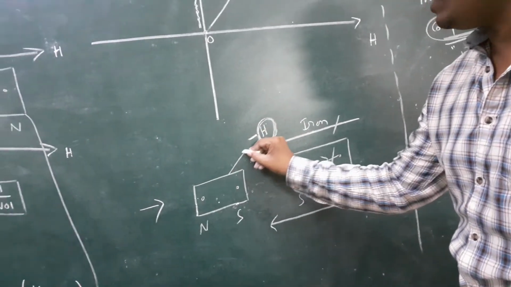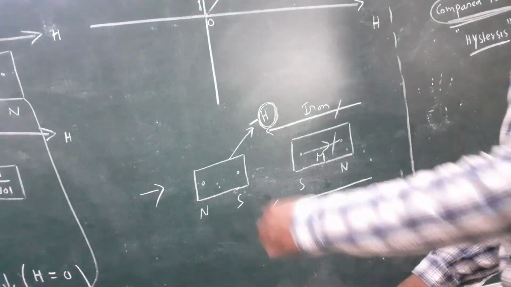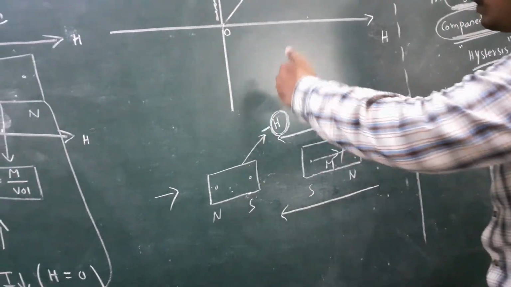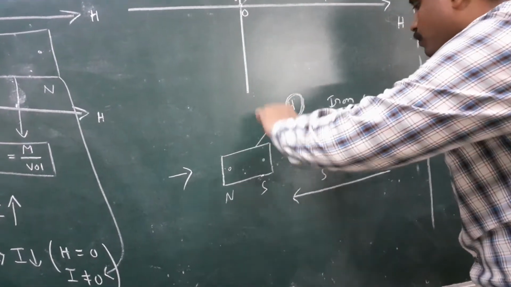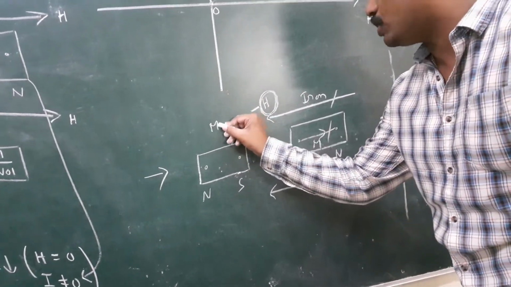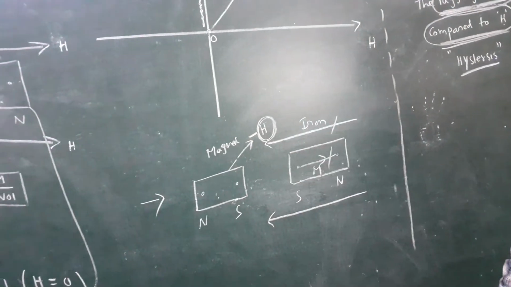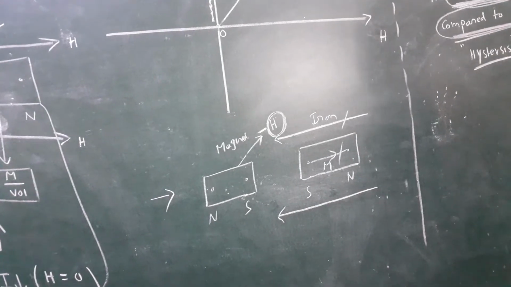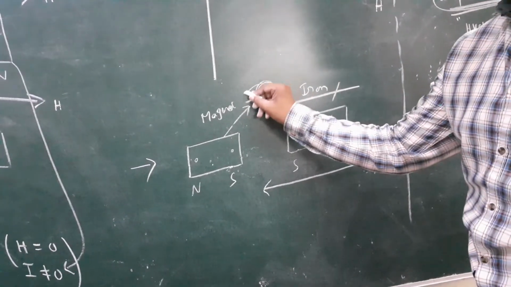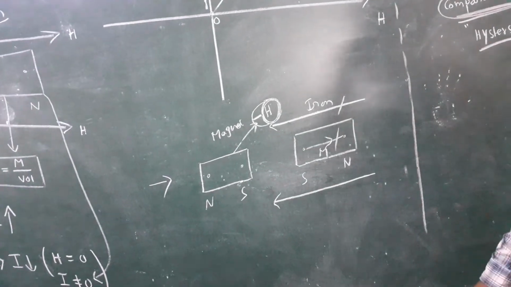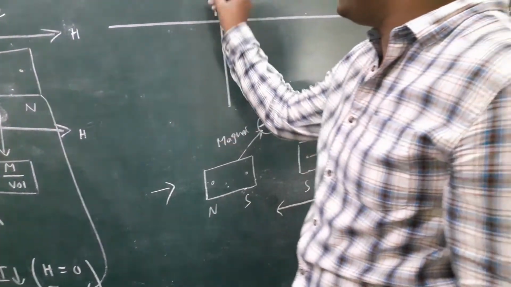Because the bar magnet poles are reversed and brought towards the iron, once again the poles reverse and it moves towards the iron, the magnetic material. Because of the reverse field, the original induced field will be cancelled at a particular reverse field.